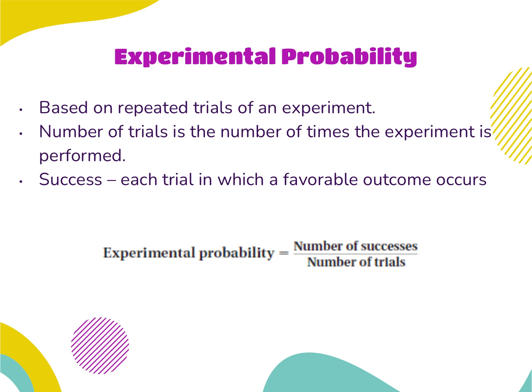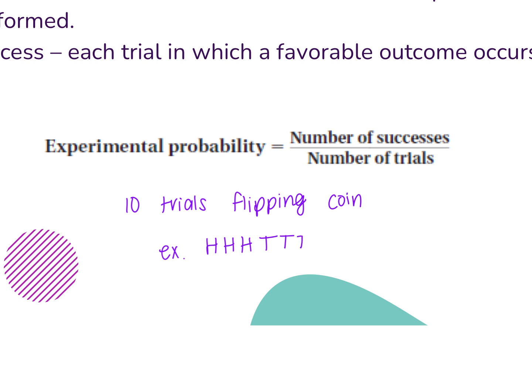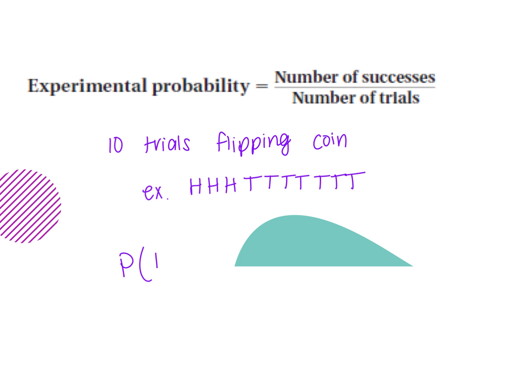Okay, so experimental probability is based on your trials. The number of trials is the number of times the experiment is performed. So when I'm looking at this, it's the number of successes over the number of trials. So giving you an example, flipping a coin like I said before. If I were to flip a coin 10 times, and let's say I get heads 3 times and tails 7, what's the probability of me landing on heads?